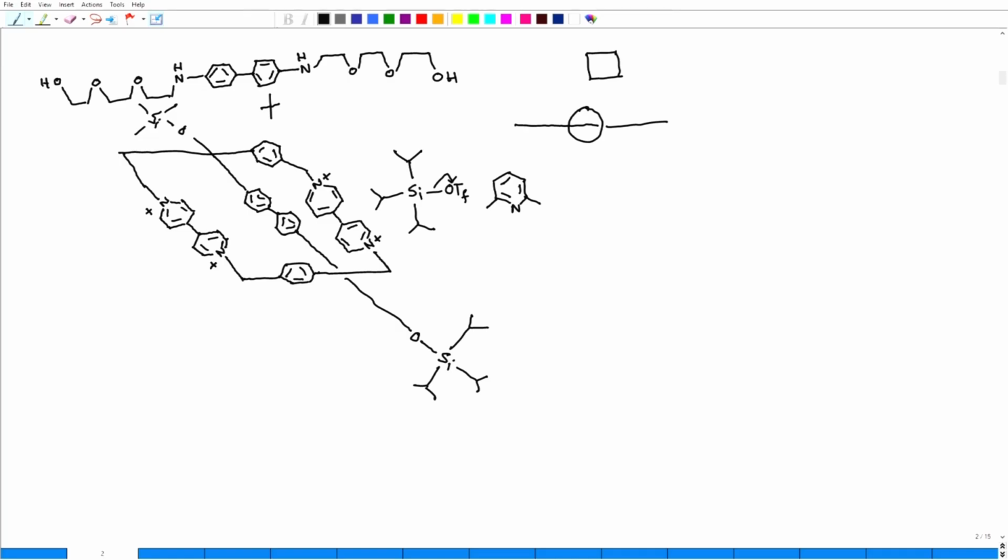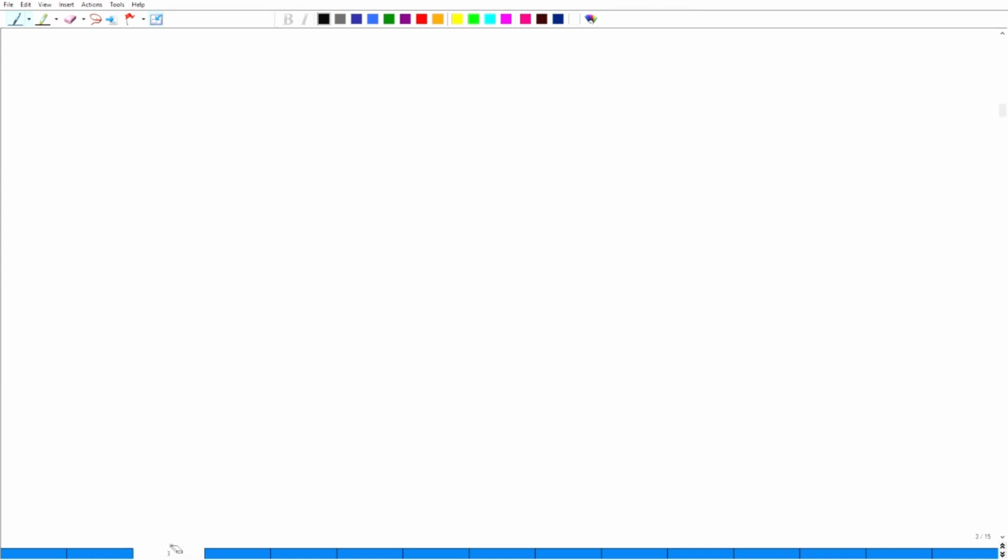Now that I have talked to you in some detail about the synthesis of these rotaxanes, first the pseudo rotaxane and then the rotaxane, they can be crystallized also as PF6 salt.